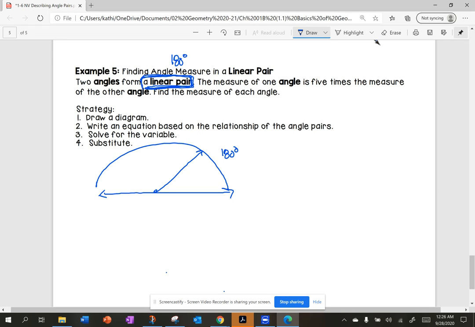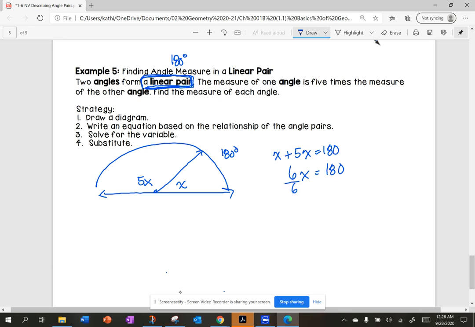So I have one angle, I'm going to call that x, and one angle that's 5 times larger, 5 times x. So to set up my equation, I'm going to add my two angles and they total 180. So x plus 5x equals 180. Combine like terms, 6x equals 180.